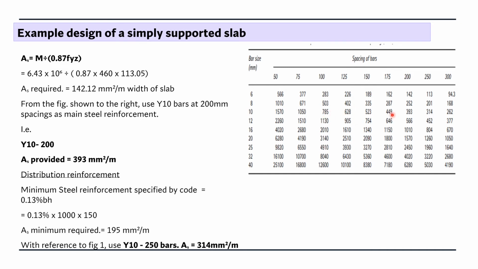So we'll be looking at one that looks economical to us, and then we must make sure that it goes above the minimum steel required that is stated by code.